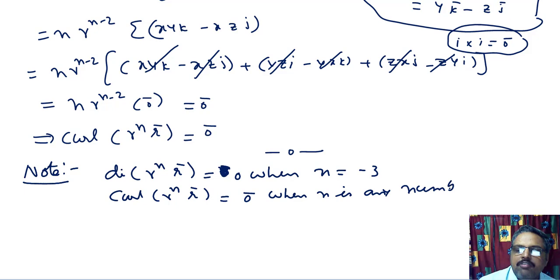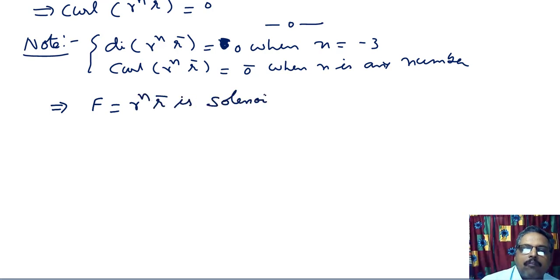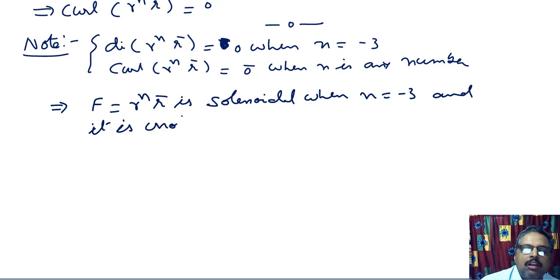Now from these two steps, what is the conclusion? F equals to r power n into r bar is solenoidal when n equals to minus 3 and it is irrotational for all values of n.